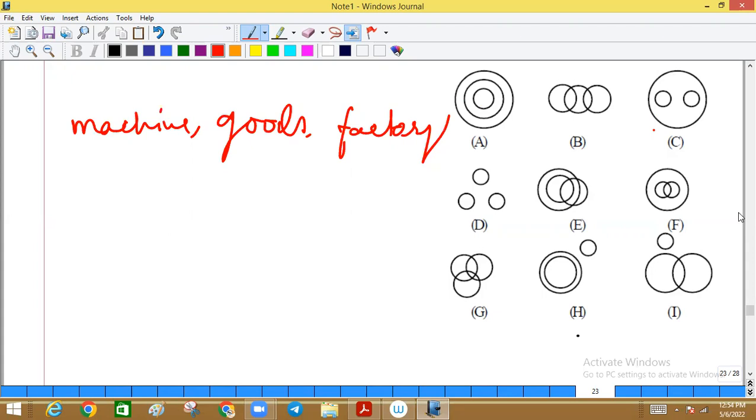Again, the moment I say goods, don't say whether it is a capital good or consumer good, durable or non-durable. Just take it as goods. Machinery is a capital good, so obviously machine is also a good. No. Okay, don't apply too much economics. What's the answer? B.